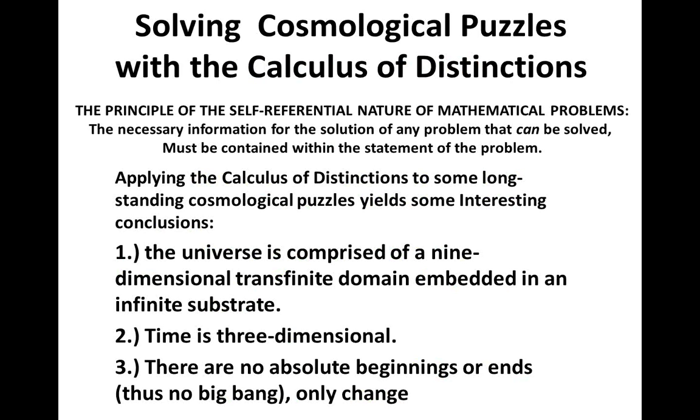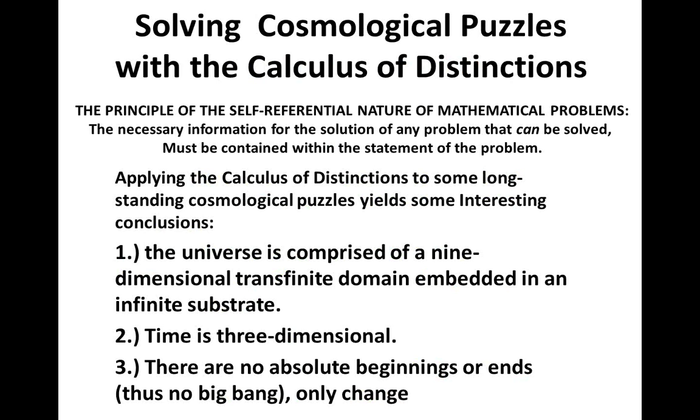For example, one, the universe is comprised of a nine-dimensional transfinite domain embedded in an infinite substrate. Two, time, like space, is three-dimensional. Now, make a note here that past, present, and future are not the separate dimensions of time.